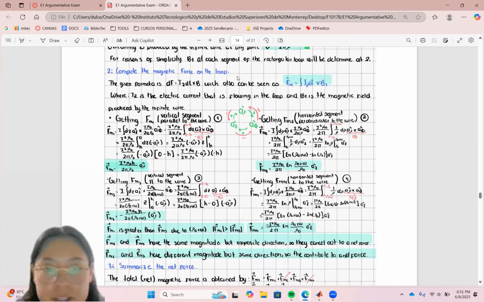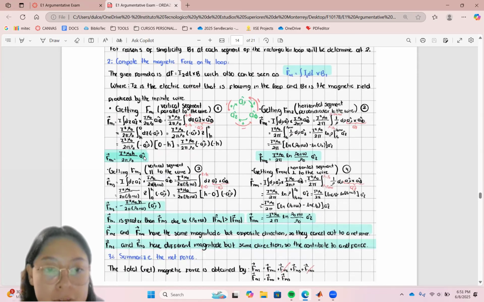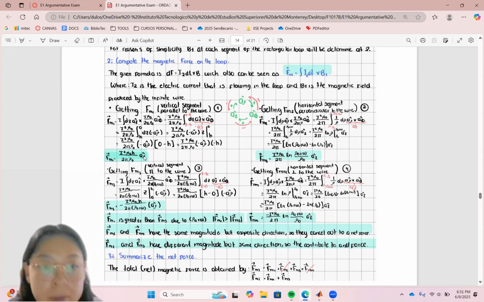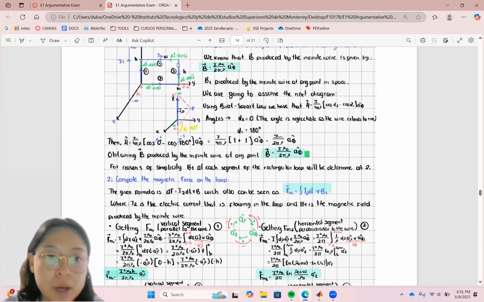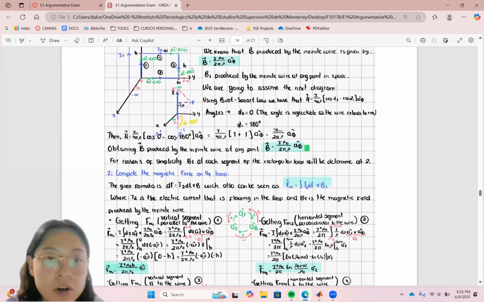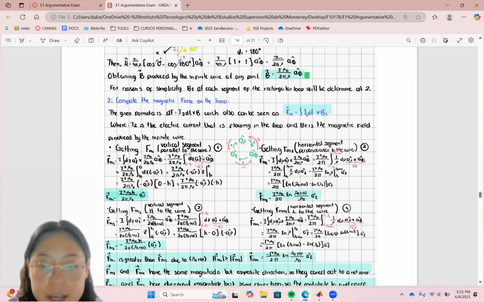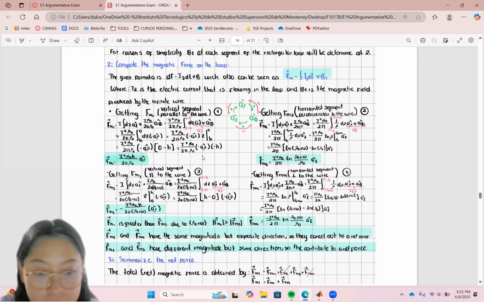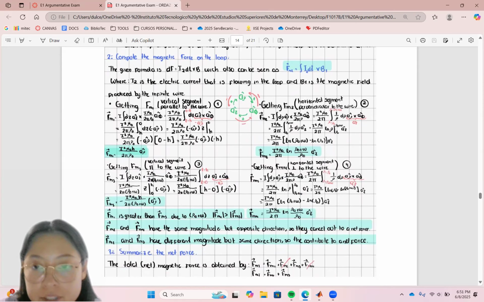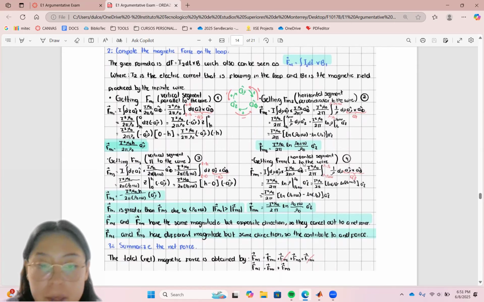In this case, I use this hack that the professor gave to us, and I obtained the magnetic force for each segment.